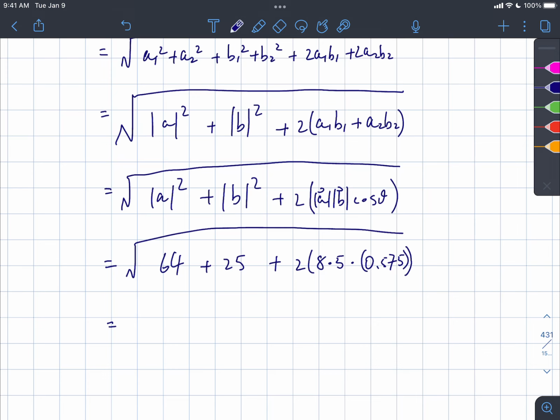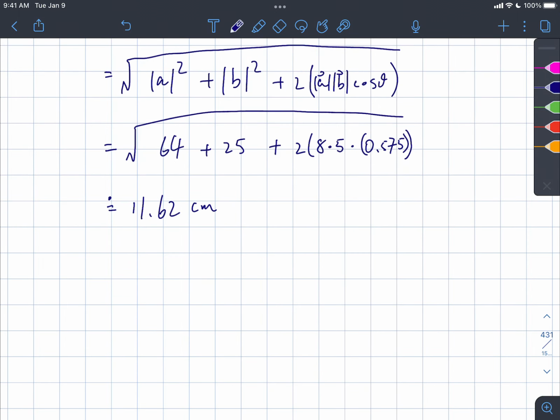Okay. 2 times that times that. Okay, and then after plugging in everything, don't forget to square root. Yep. So the answer turns out to be about 11.62 centimeters.